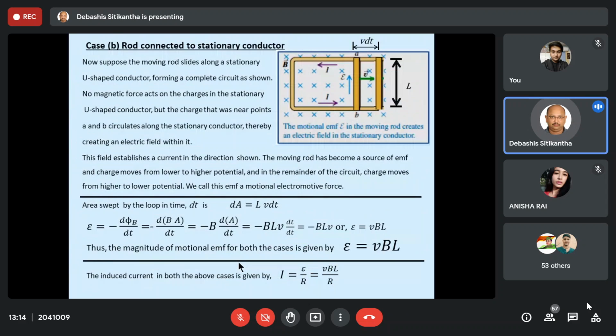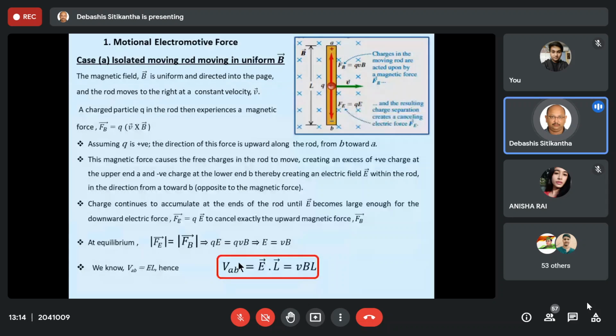The other one has a construction like this. Let us first concentrate on an isolated moving conductor inside a uniform magnetic field. That means we will move an isolated straight conductor of length L inside a uniform magnetic field. If we do that, what is going to happen, and will a voltage be induced across the terminals of the conductor or not?